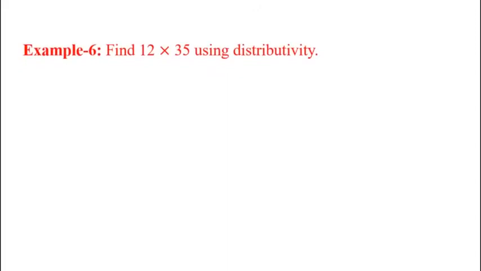Then example 6. Find 12 into 35 using distributivity. Solution: 12 into 35 is equal to 12 into (30 plus 5). We can write 35 as 30 plus 5.